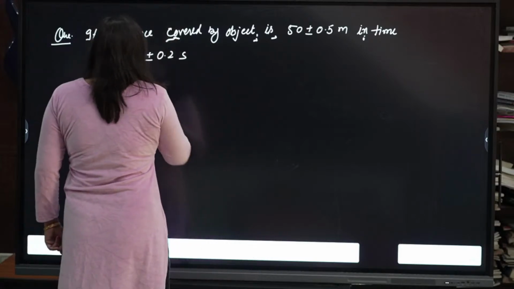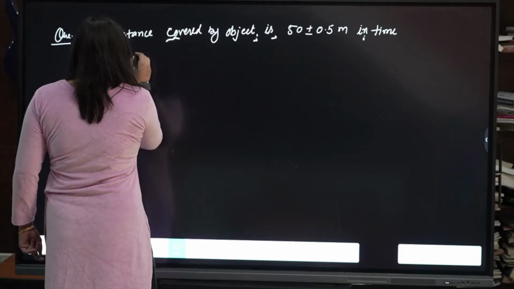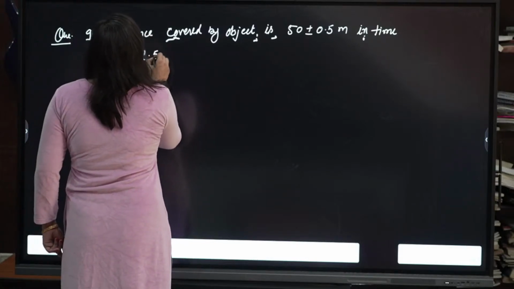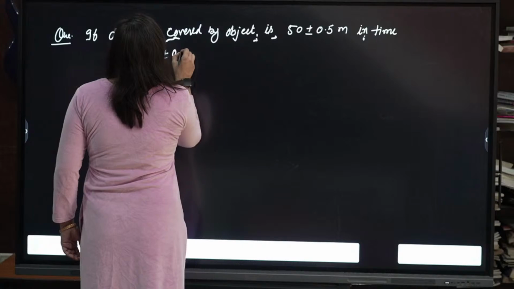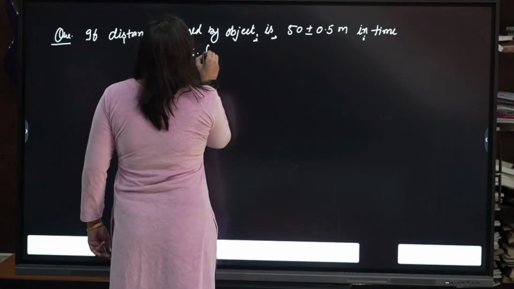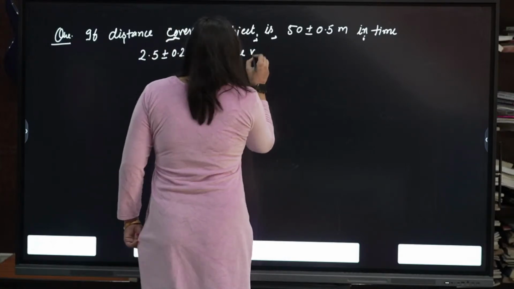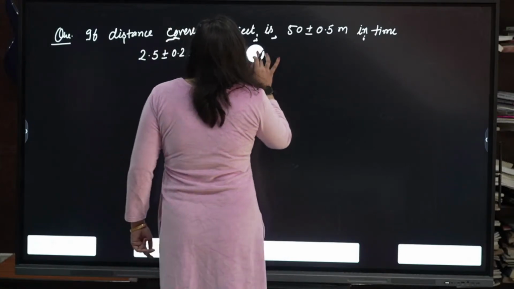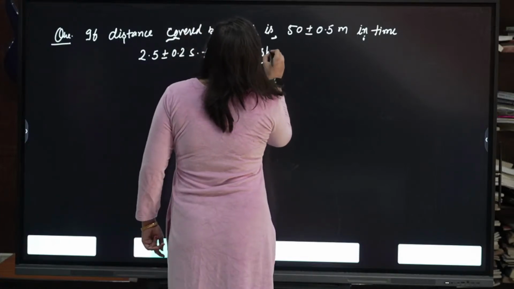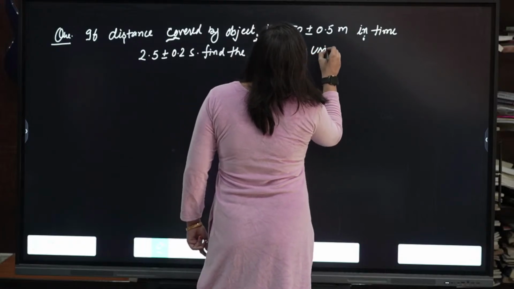Yeah, you can write 2.5 plus minus 0.2 second. Find the speed by using error analysis.